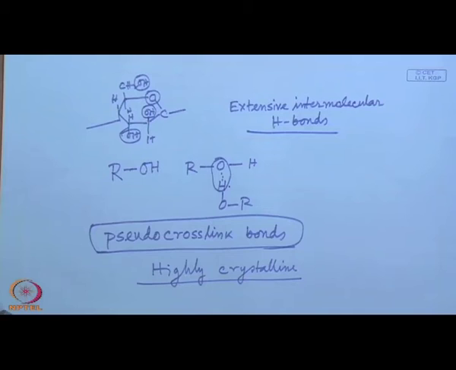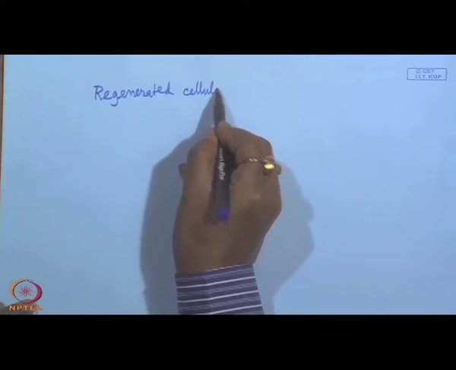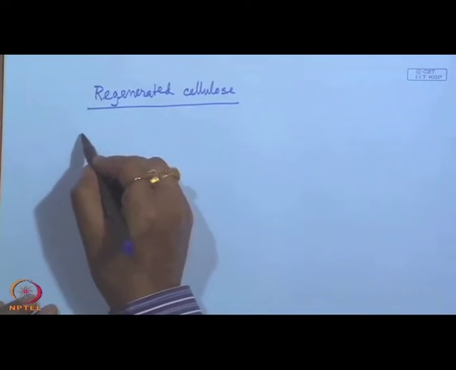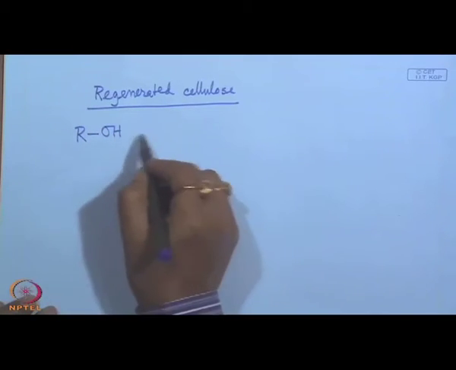So, highly crystalline cellulose degrades at a much slower rate than irregular, branched and non-crystalline starch. If the crystallinity in cellulose can be reduced by some chemical treatment, we get regenerated cellulose. Regenerated cellulose is also cellulose. Suppose this is cellulose, ROH.